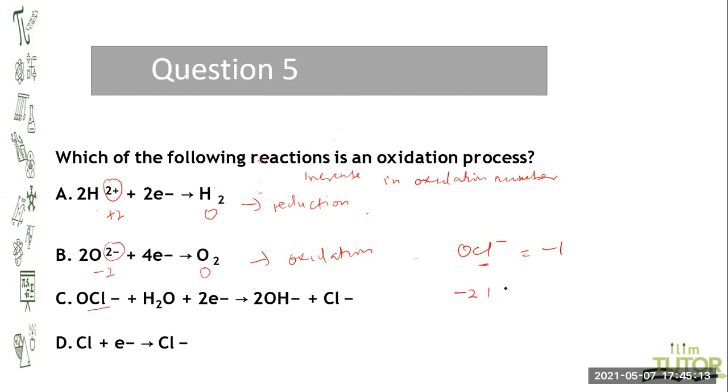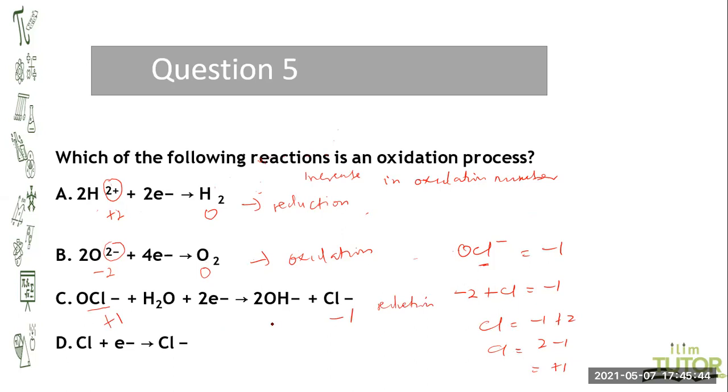So -2 plus chlorine will be equal to -1, so chlorine will be equal to -1 plus 2, that is basically saying 2 minus 1, so that is +1. So the oxidation state of chlorine here is +1. The oxidation state of chloride here is -1. So that is a reduction, from +1 to -1.